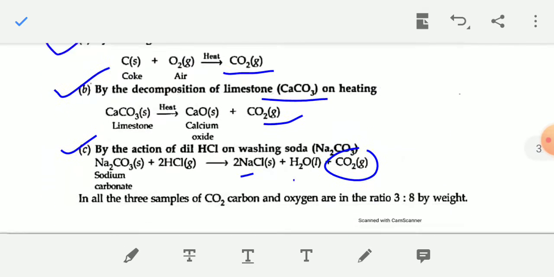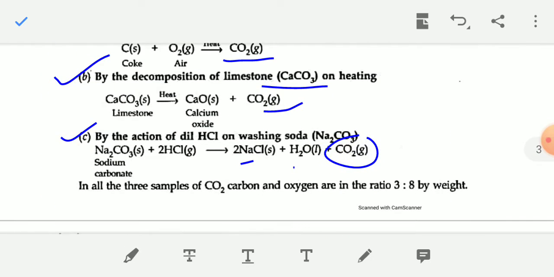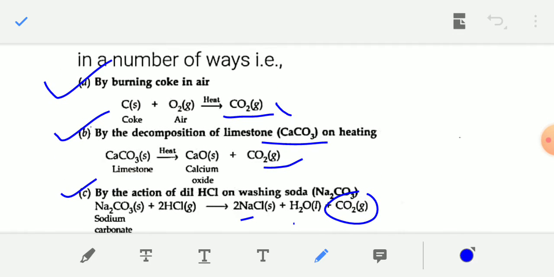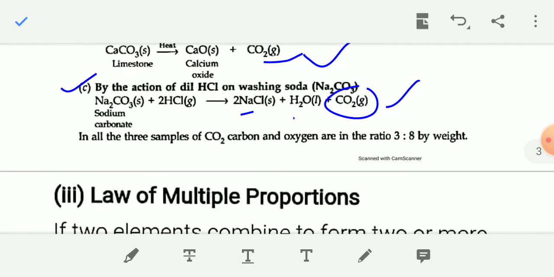But in all these methods of preparation of carbon dioxide, you can see that in all these three samples of carbon dioxide, carbon and oxygen are in the ratio of 3:8.